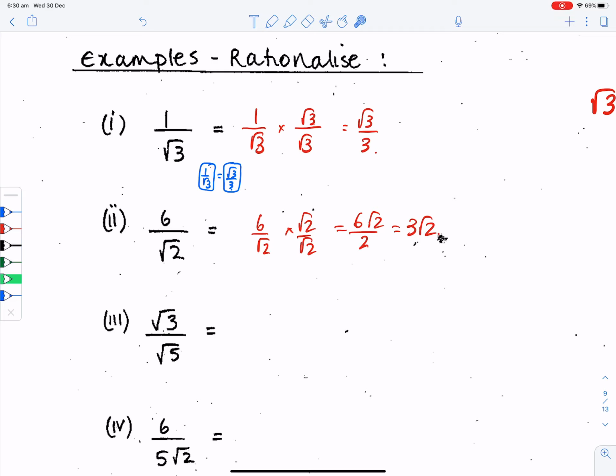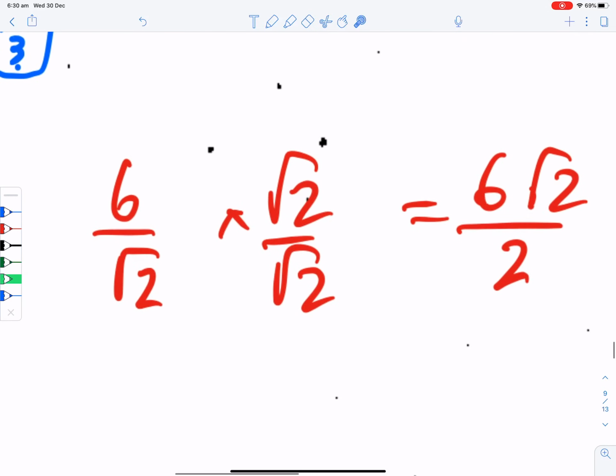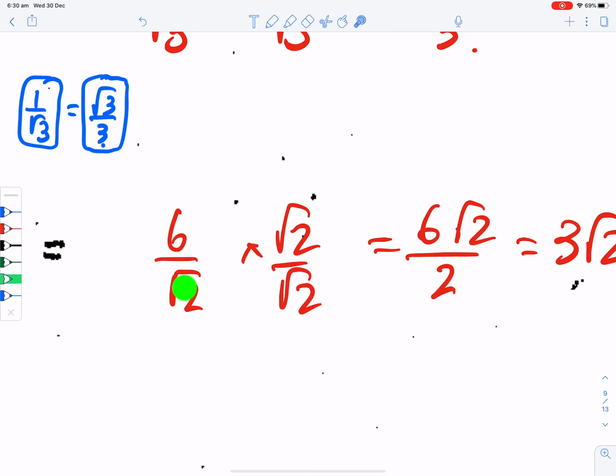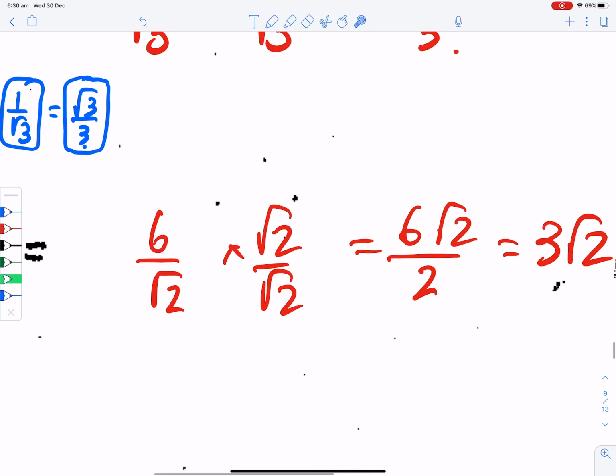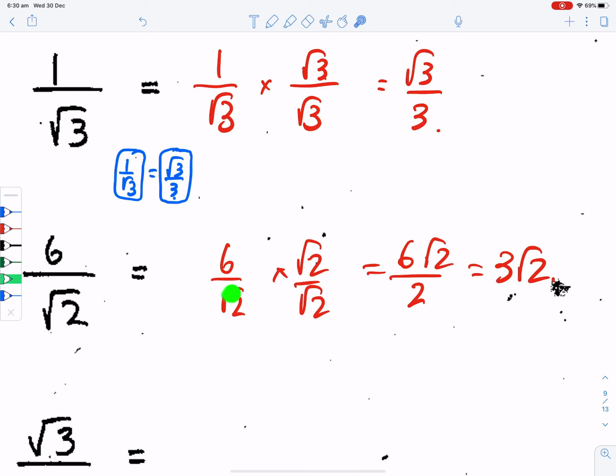All you're really doing in these questions is timesing the bottom by root 2, and because you do that, you must times the top by root 2. But really, this is just 1. Root 2 on root 2 is just 1. So when you take the question and end up with this answer, all you've really done is multiply by 1 and make it look different.